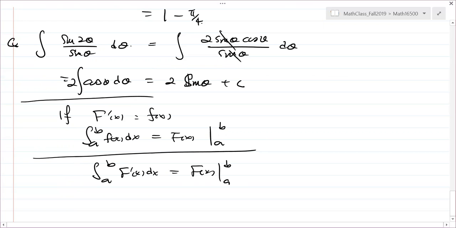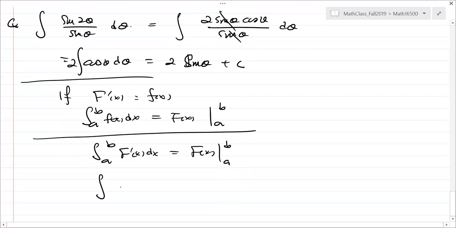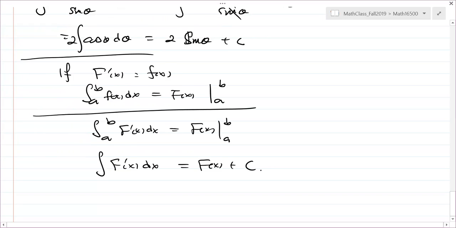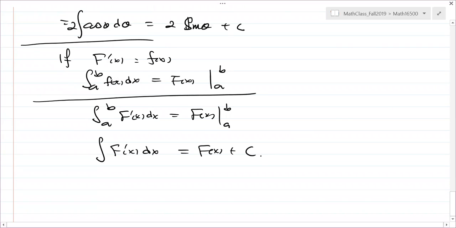In other words, if you use a general indefinite integral, then this is just capital F of x plus c. So the derivative and the integral cancel out each other.